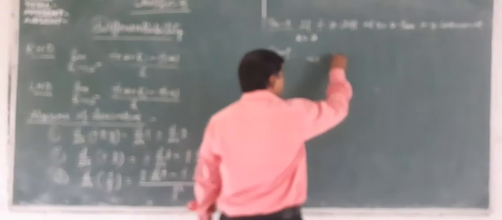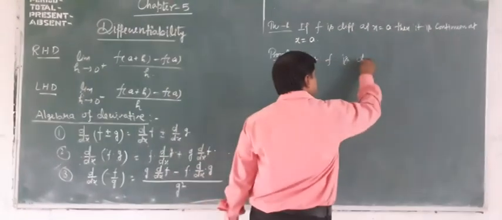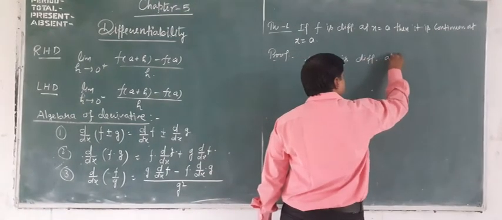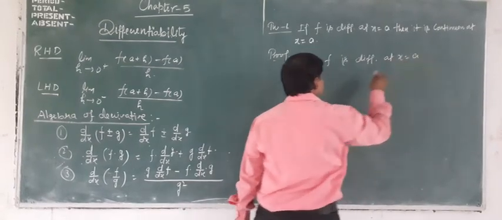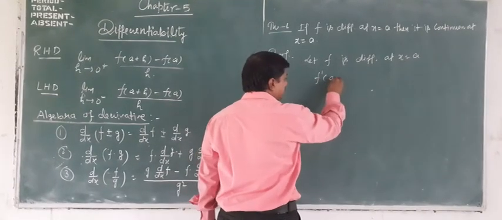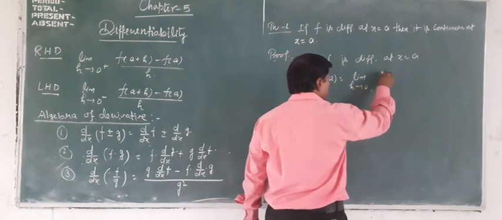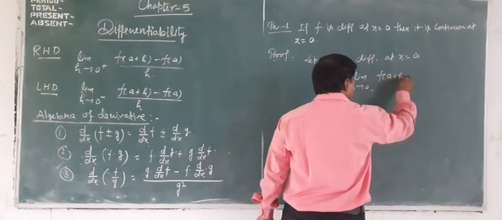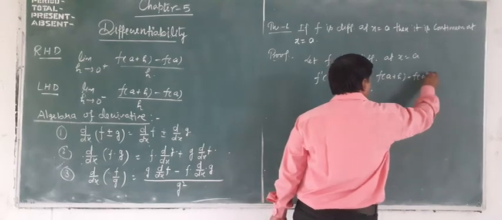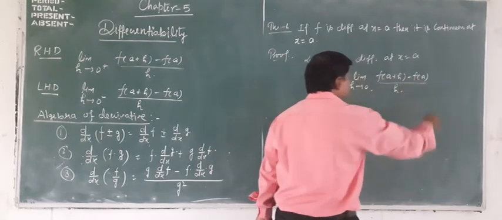Let f be differentiable at x equal to a. What is the meaning of this? Its derivative will exist. So limit h tending to 0, f of a plus h minus f of a, divided by h.